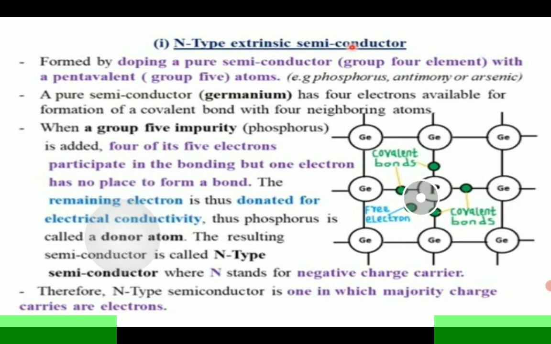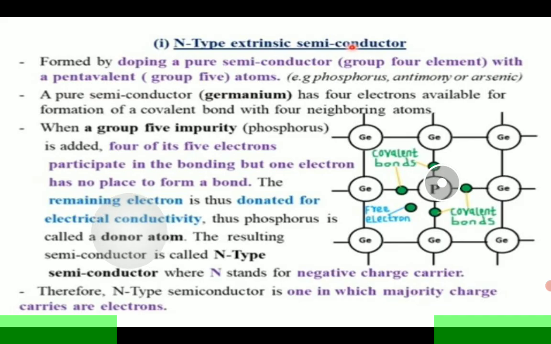So during bonding, phosphorus, which has 5 electrons in its outer shell, will only have 4 electrons bonded to 4 different germanium atoms.